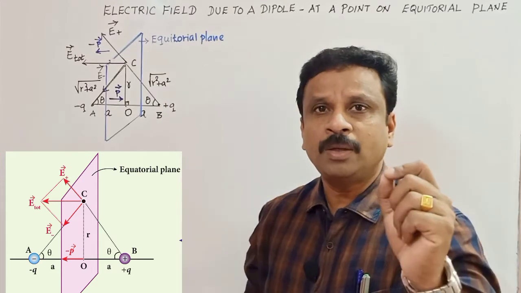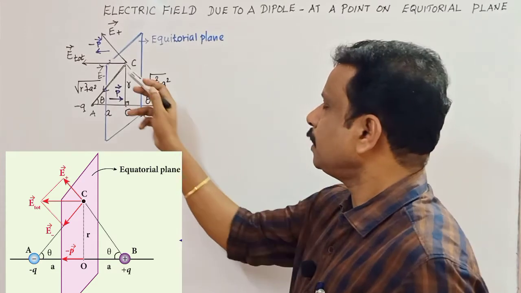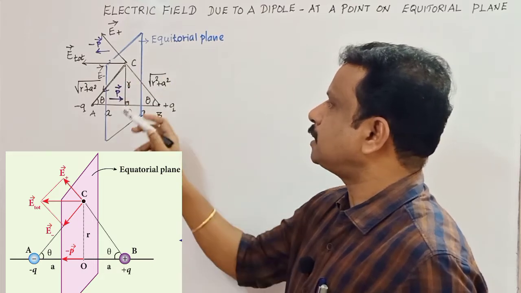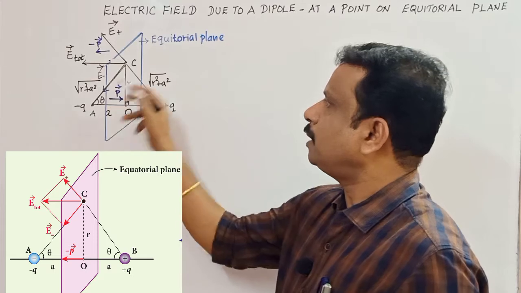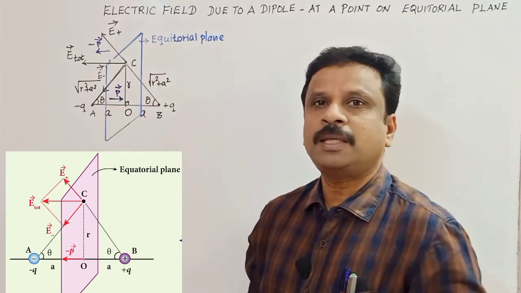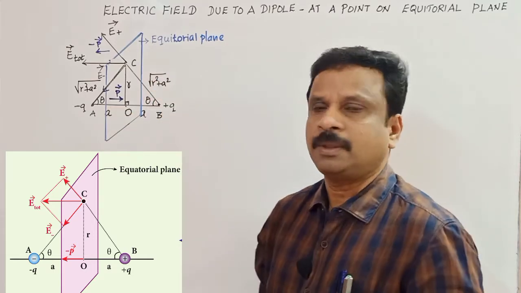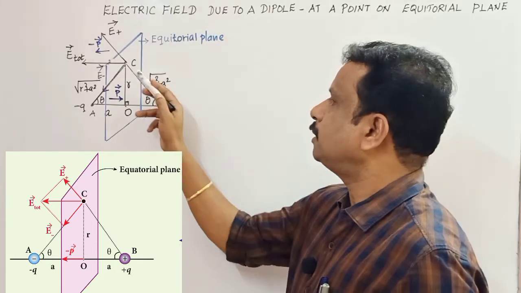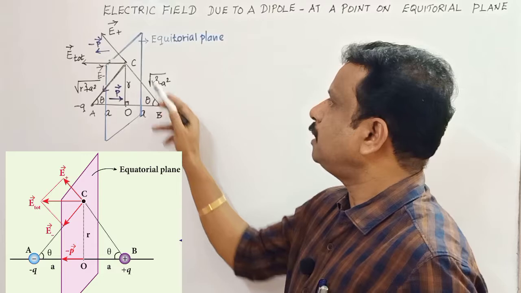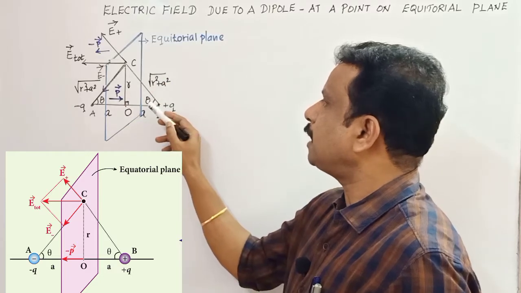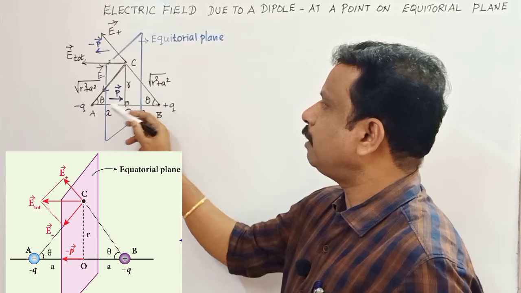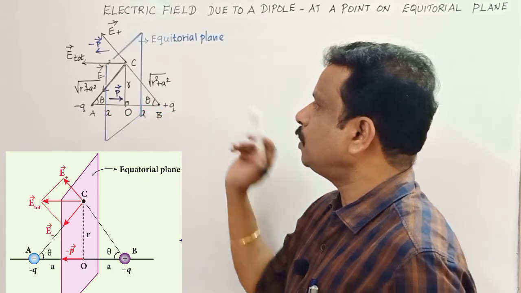Another important point to note here: this point C is at equal distance from plus q and minus q. In short, we call it equidistant. The point C makes angle theta with the axial line. And the dipole moment vector, as we already know, is from minus q to plus q.